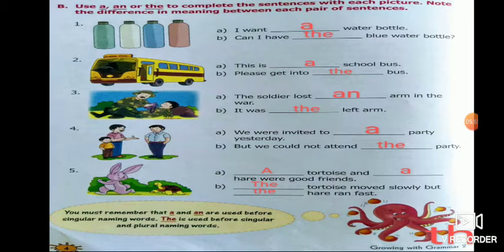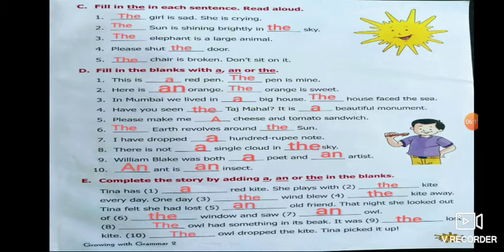Next, you must remember that a and an are used before singular naming words. The is used before singular and plural naming words. Okay? See children, fill in each sentence.